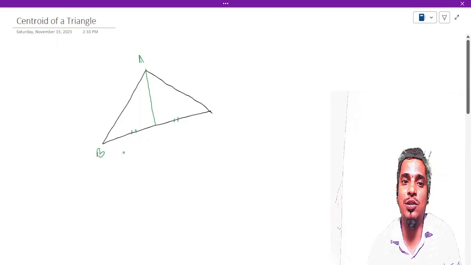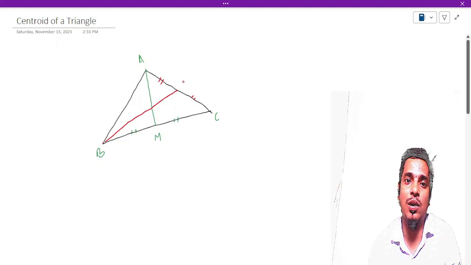So if ABC is a triangle, then the line AM drawn over here is the median for the side BC. Likewise, from vertex B, if we draw a line dividing the opposite side into two equal parts, then this line is the median for the side AC.